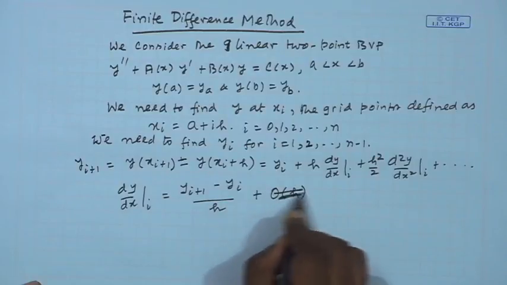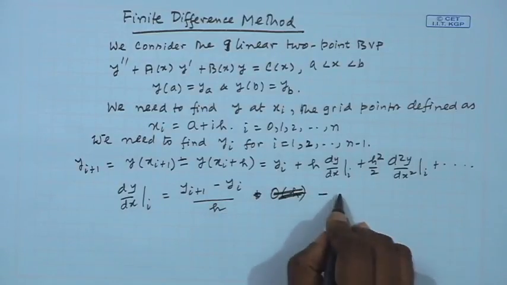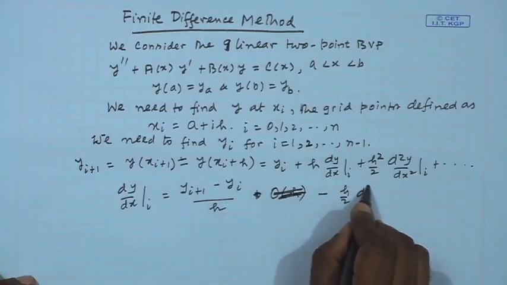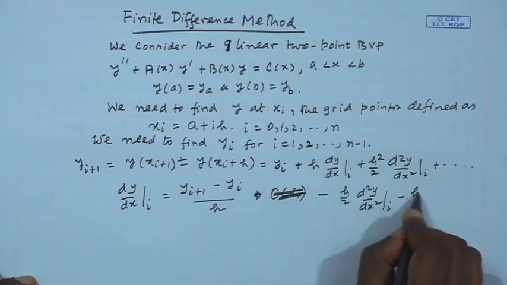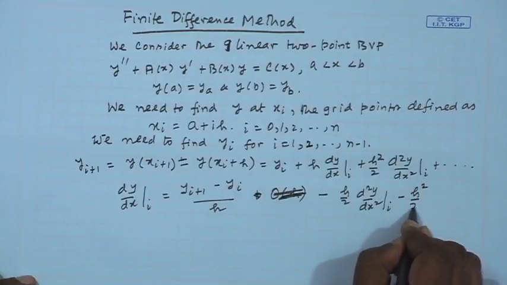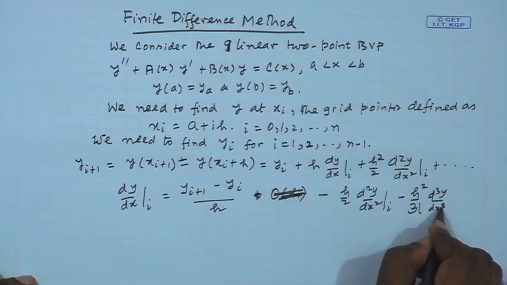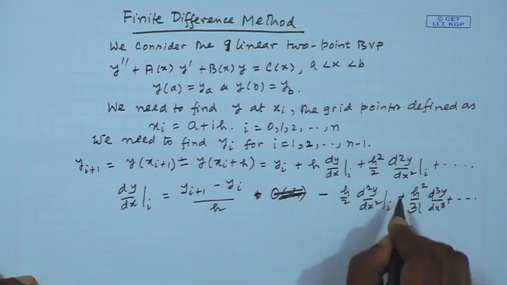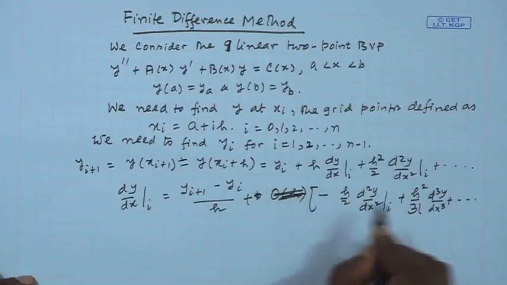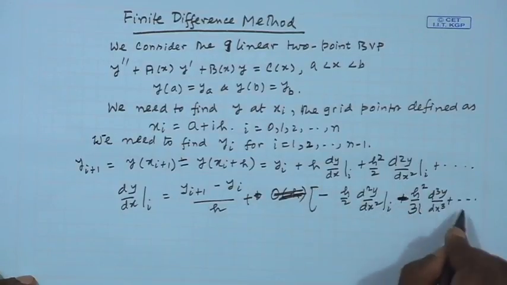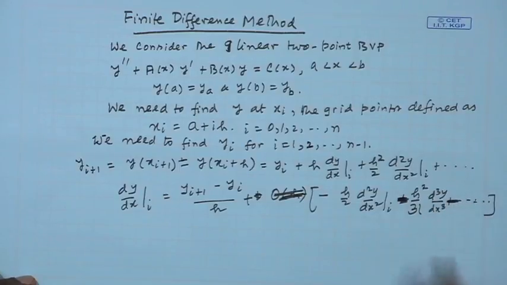Or if I write in a little more detail, this will be h by 2 d2y/dx2 at i minus h square by 3 factorial d3y/dx3 and so on. Again, this is minus, this is minus. I am not taking the common things.